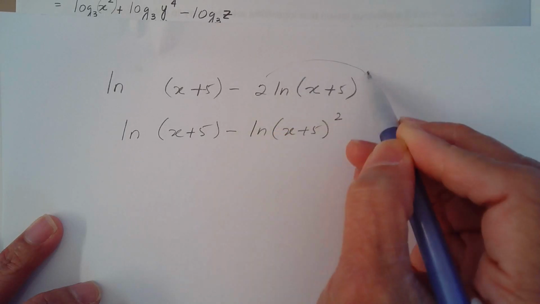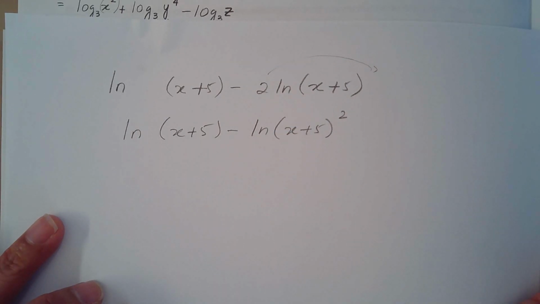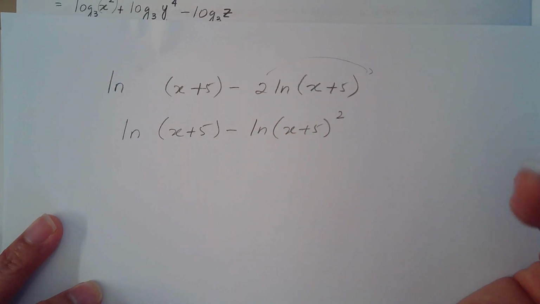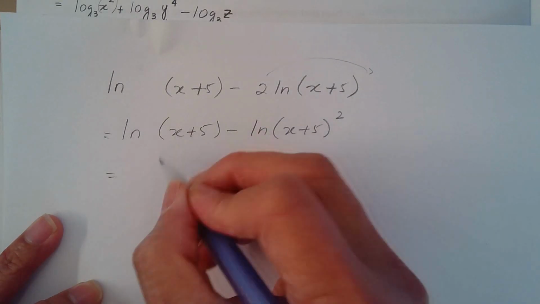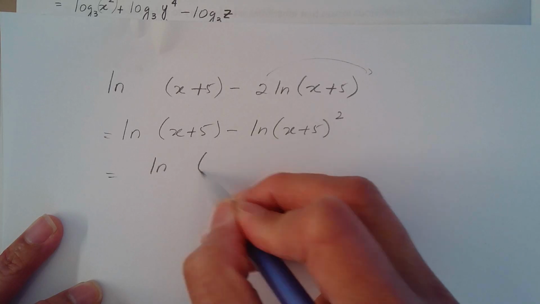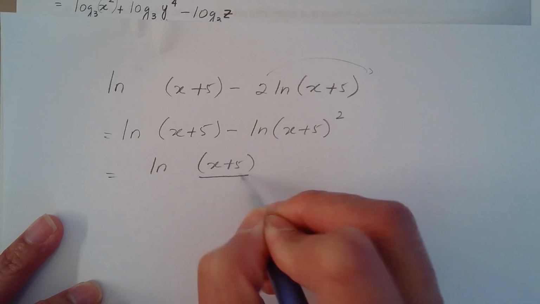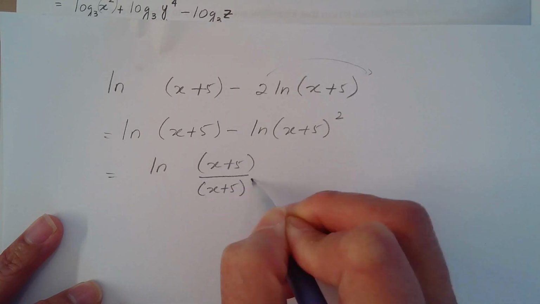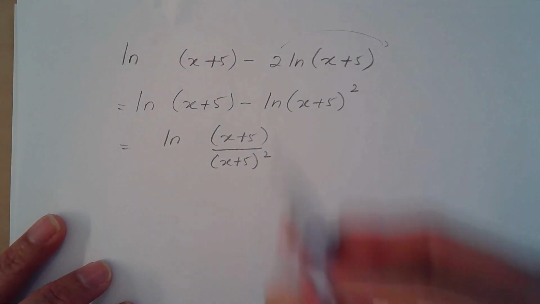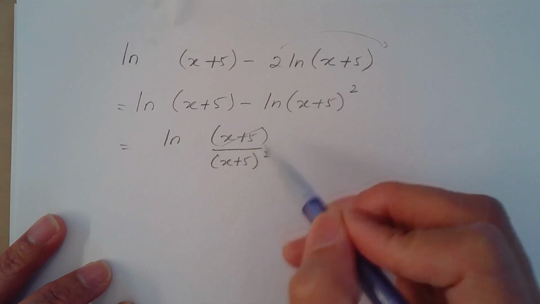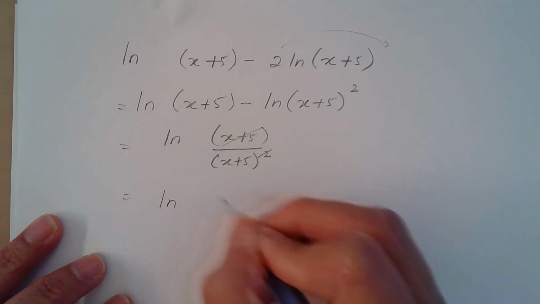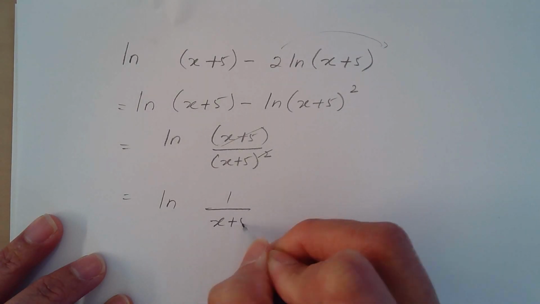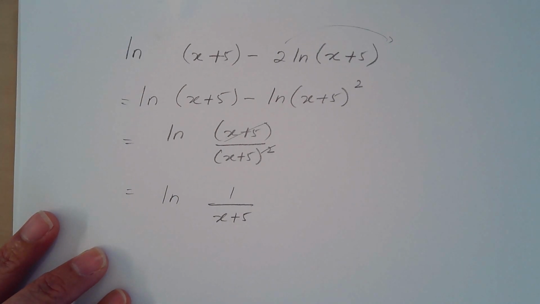Okay, so this one would still be up there, right? That's still going to be squared. And then because this is being subtracted, and it's natural log of x plus 5 over x plus 5 squared, yeah? And then the x plus 5 would cancel one of that. Was that the question?